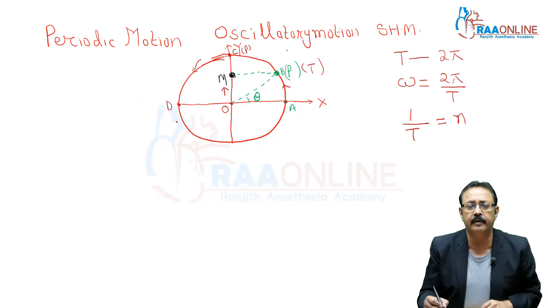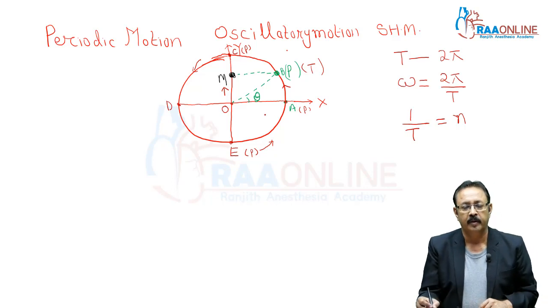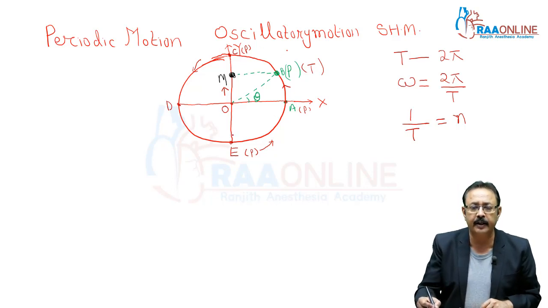When P reaches this point E, M will reach again at this point. When P starts from this position to its original position, M will again start going back. When P reaches A again, M will reach O. Means P is completing 1 cycle on the circle and M is completing 1 cycle on a straight line.